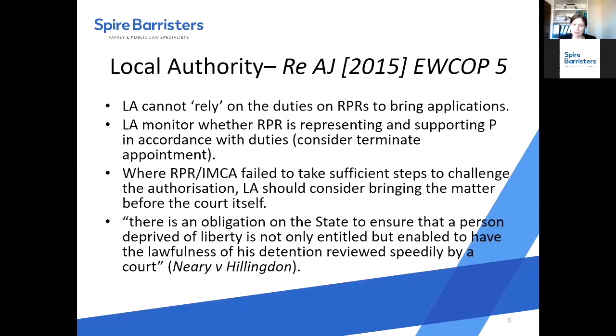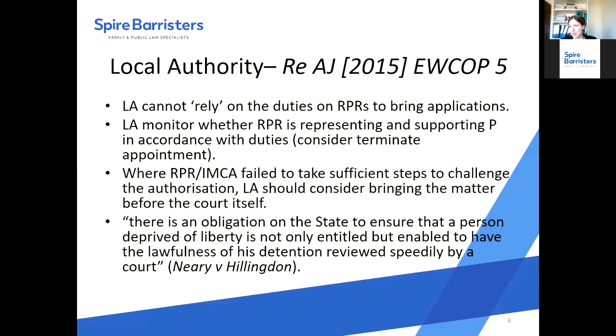I would just remind you all of that, because I think there is an expectation, understandably, that RPRs will bring these cases, but it doesn't always happen like that. And I think we've all seen the case law and been involved in cases where the local authority has ended up coming under criticism for being aware of objections and waiting essentially for the RPR to bring an application.